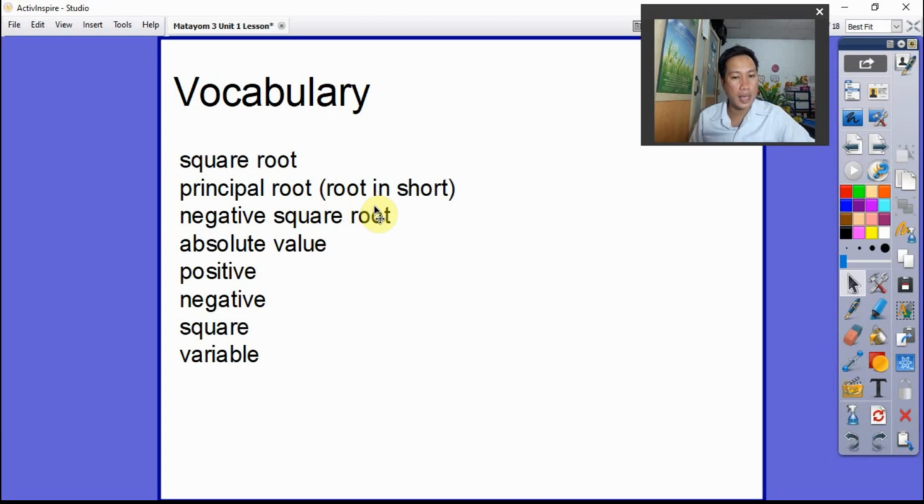For our Matayom 3 class, we just say root instead of saying the principal root. It means the positive root of the square root. And you have negative square root, absolute value, positive, negative, square, and variable.